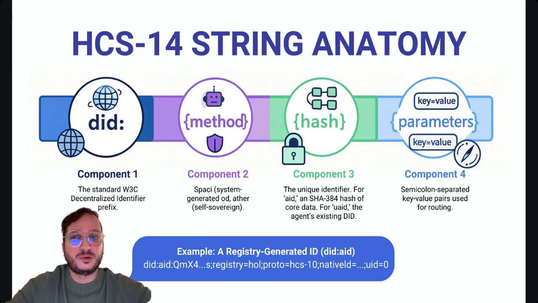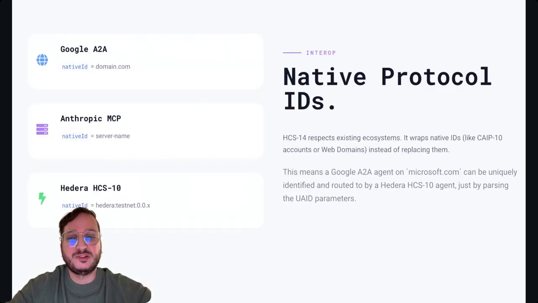So some other cool parts of HCS 14. You have these things called native IDs. So native IDs are unique to where your agent is deployed. So for example, if the agent is deployed on DNS and it's using Google A2A, the native ID might be the domain name. For an MCP server, it might be the name of the server.